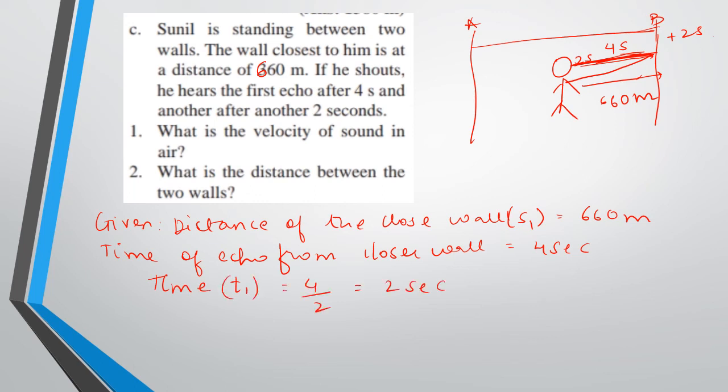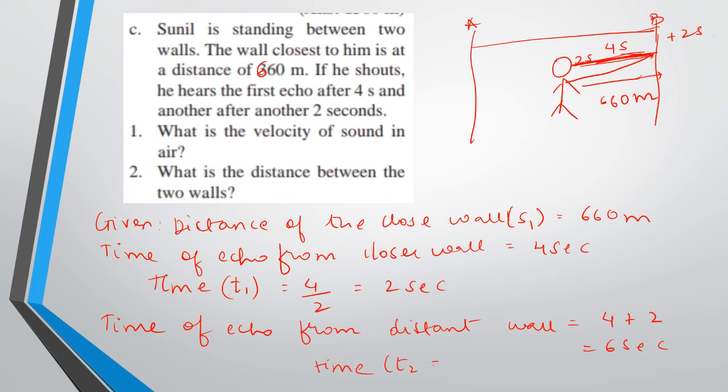So t1 is 2 seconds. Then time of echo from the distant wall, that as I said is 4 plus 2, that is 6 seconds. So time t2 would be 6 upon 2, that is 3 seconds. So t1 we have got as 2 seconds, t2 as 3 seconds.